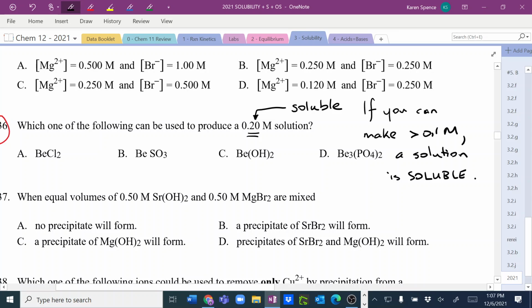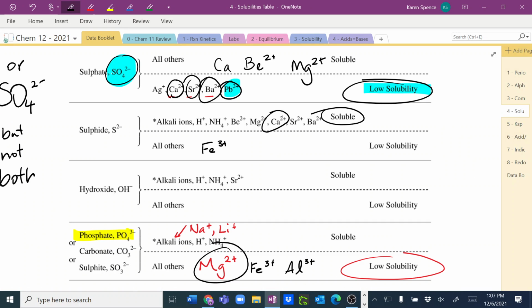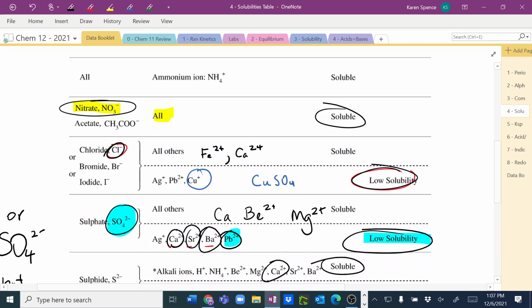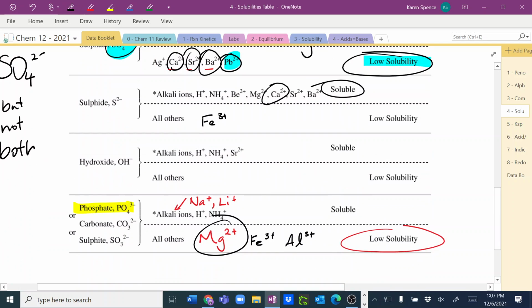So we would have to go through. I'm going to guess that it's beryllium chloride, because chloride only precipitates with lead and silver and mercury. Okay, chloride is fairly soluble. Yep. So beryllium chloride would be good. Beryllium hydroxide would be low solubility, and so would beryllium sulfite and carbonate and phosphate.